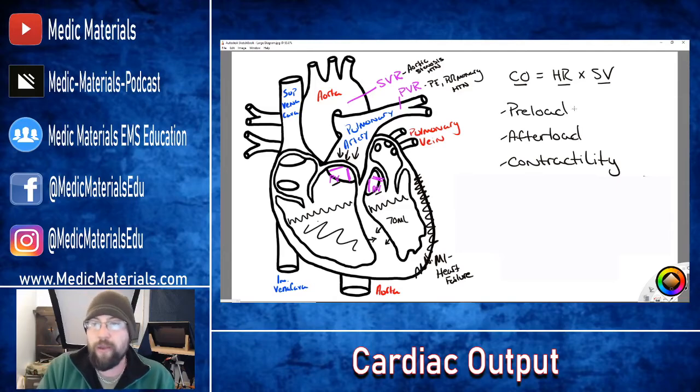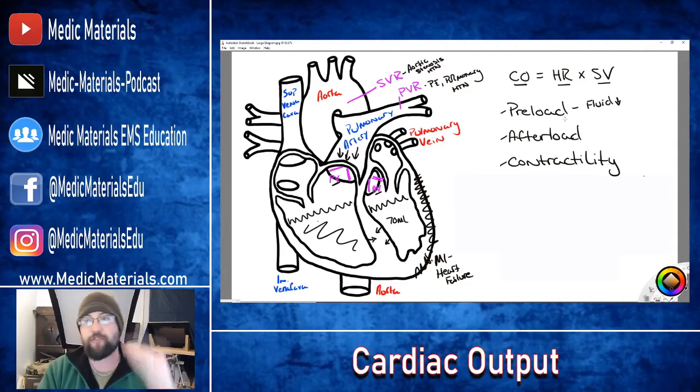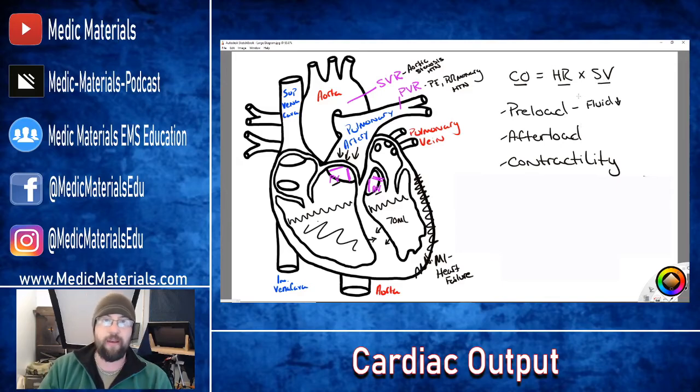Especially with preload, we want to know about fluid. Are they hypovolemic? Do they have a low fluid volume? Is there less fluid coming into the ventricles to be able to go out into the body? If we have decreased fluid, we are going to decrease our preload, which is then going to decrease our stroke volume.